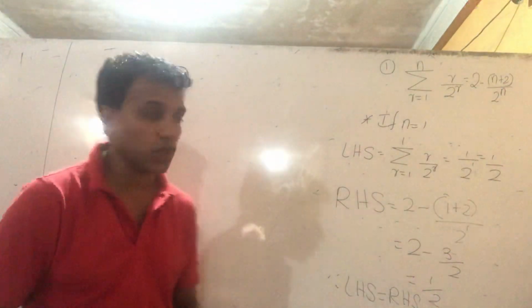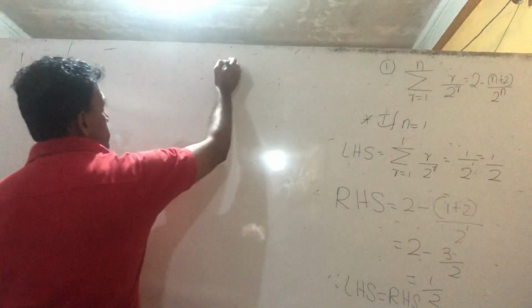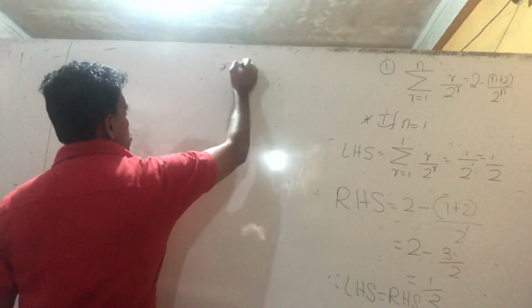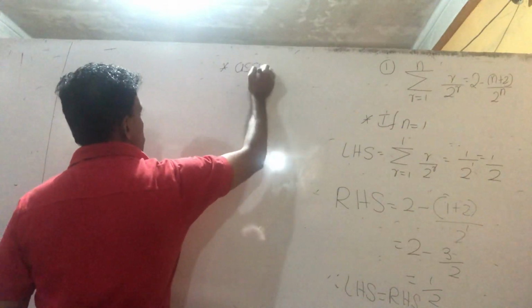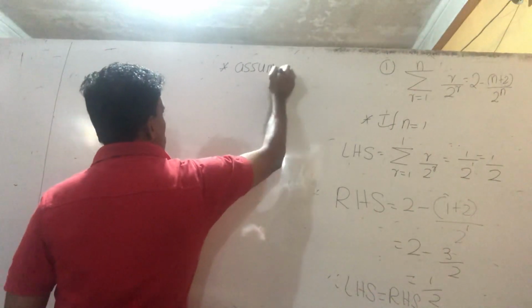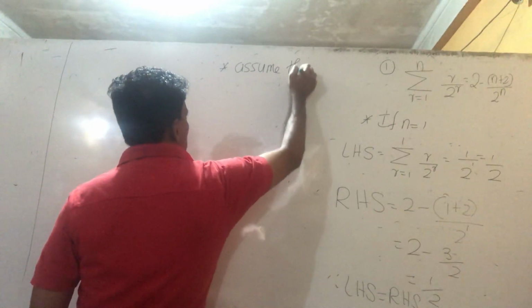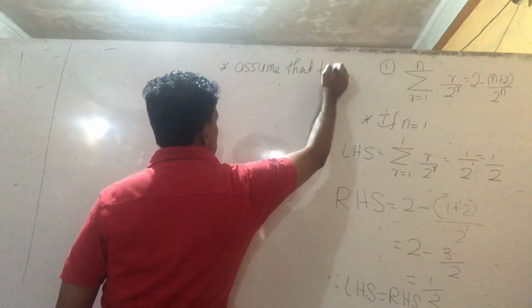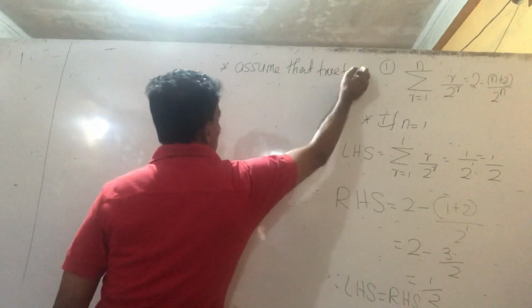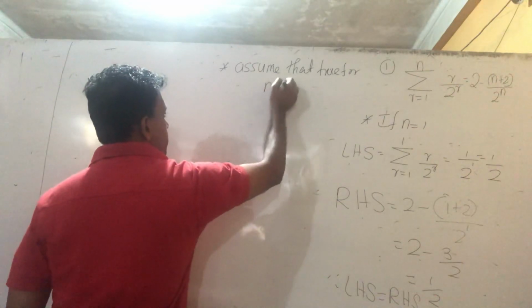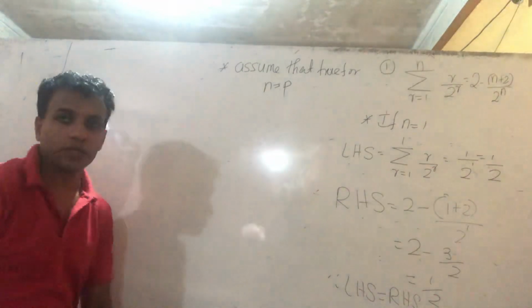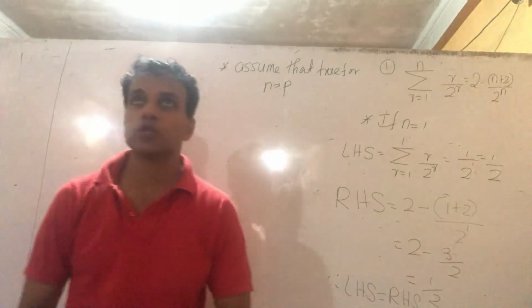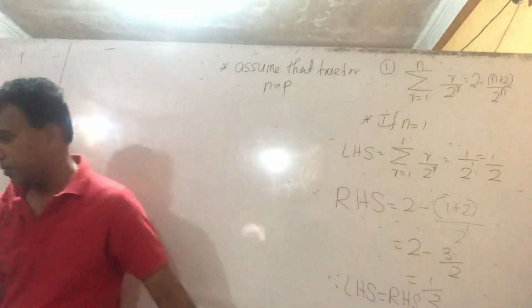Next, the assumption. Assume that the given statement is true for n equal p.